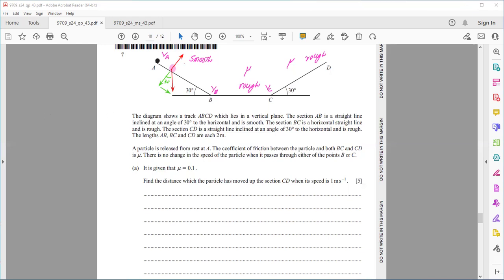Now you have to draw the components of the weight. There are two components, and I will use different colors. Suppose the first one is in black color.